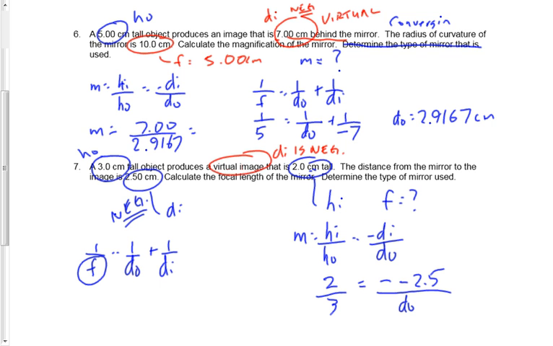So DO goes up by multiplying, 3 goes up by multiplying, and then the 2 goes down by dividing. I get 7.5 over 2. 3.75 is DO. Is that right? And it's positive because of the negatives canceling there. All right, that leaves us with 1 over F is equal to 1 over 3.75, positive, plus 1 over DI, 1 over negative 2.5.